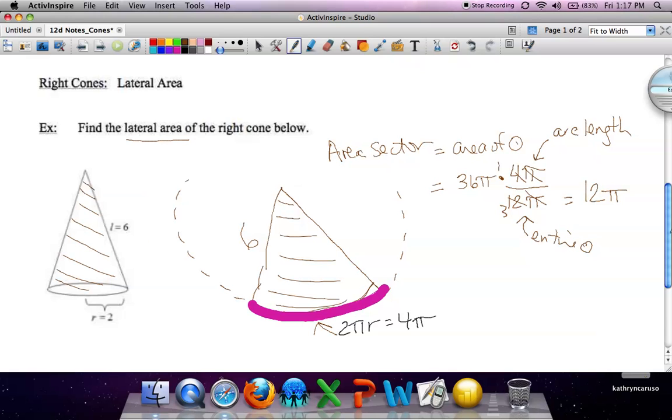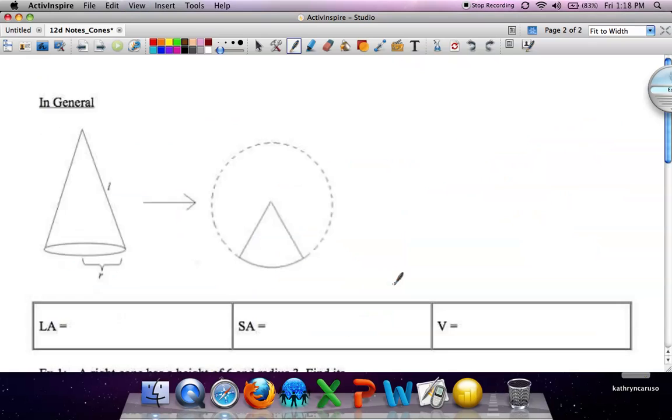So again, we're trying to generalize to get to a formula, which we will do on the next page. In general, if we unwrap this cone, the area of this sector is the lateral area. In general, this is called L, which is the radius of this imagined circle.